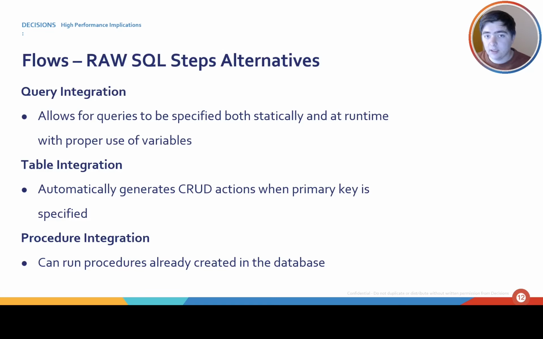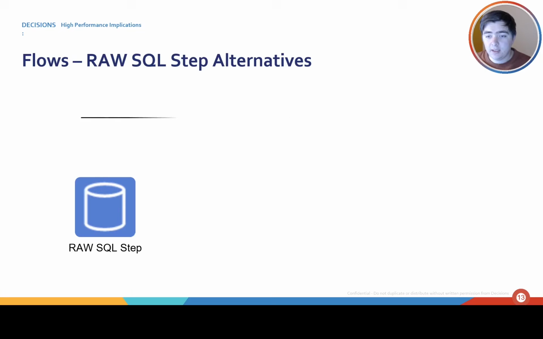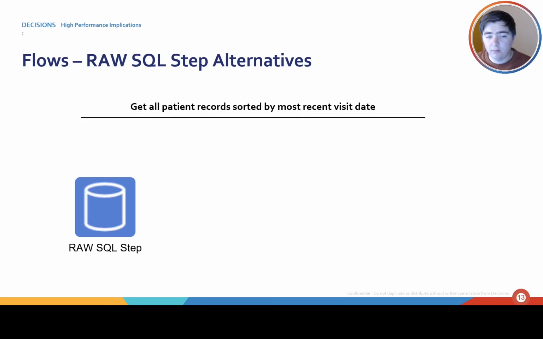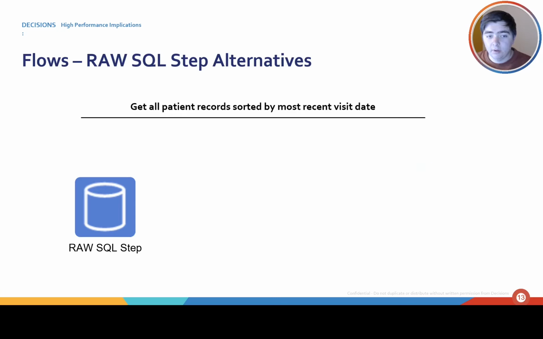So let me give you some examples of when you might want to use these other steps. Let's say that your first goal is you want to get all patient records sorted by their most recent visit. So this is a select query and you just have to sort the data that you are fetching. Well, a query integration is going to trump a raw SQL step in this case every time. What about if you are trying to update all warranty records where an expiration is in April to May?